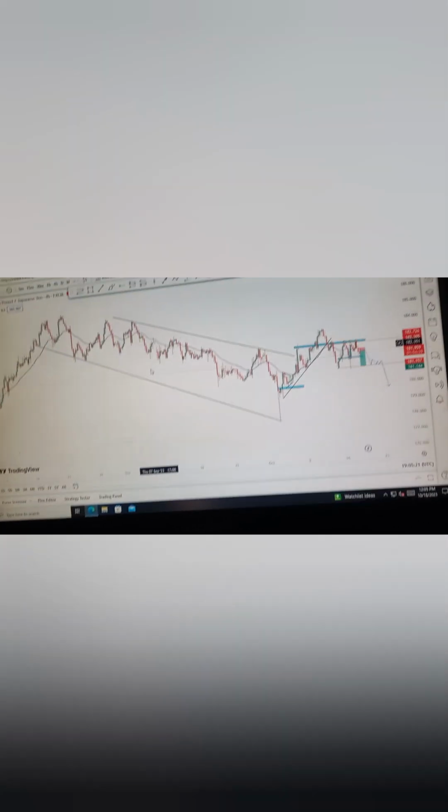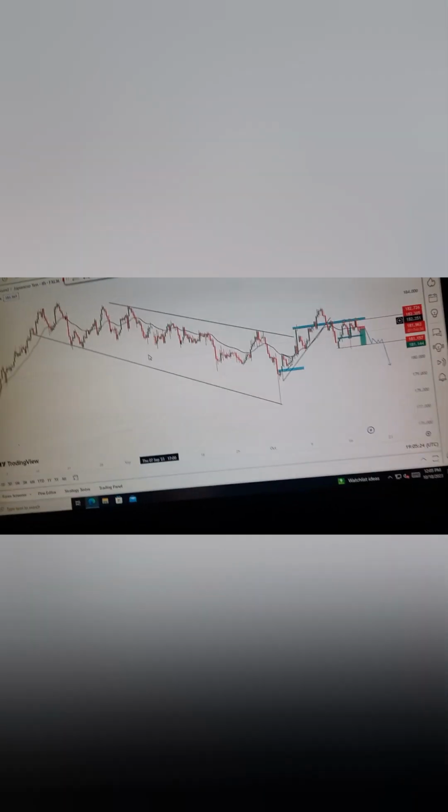So as you can see here, I always start on my higher time frame, daily and the 4 hour. So as you can see here, we had a nice price movement in this channel here.